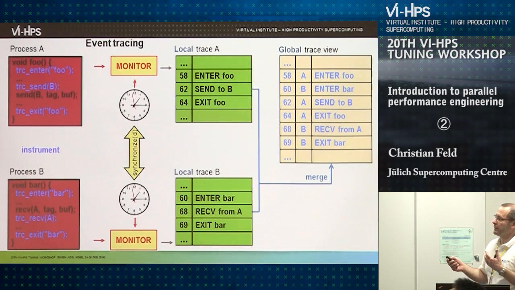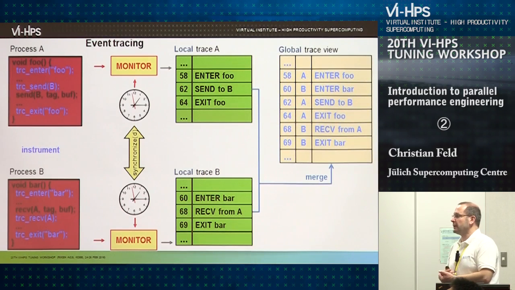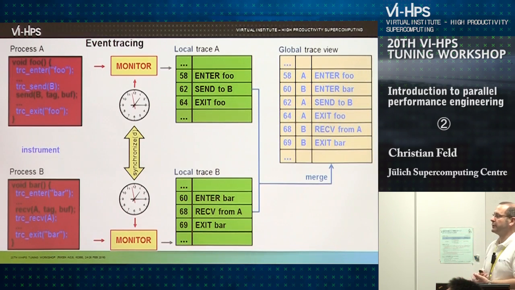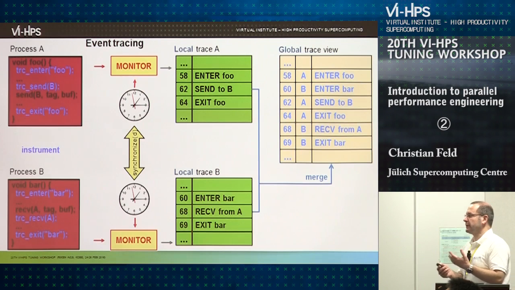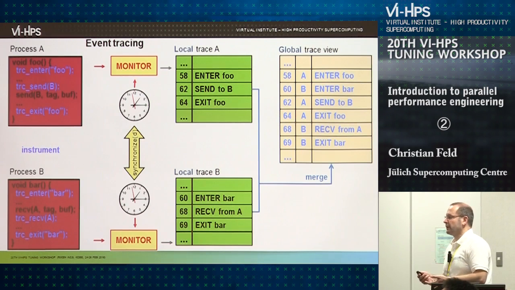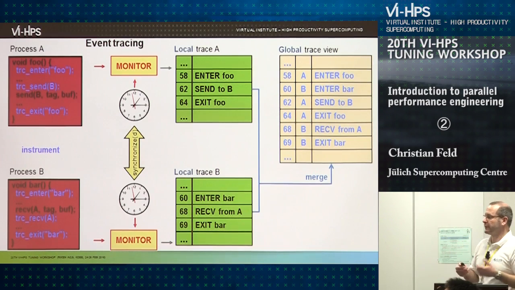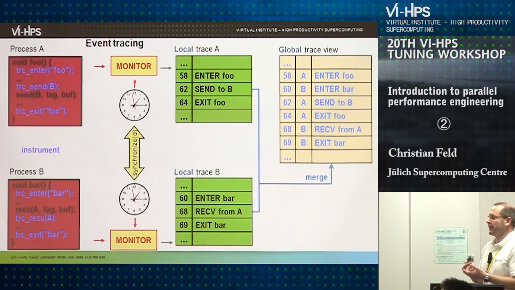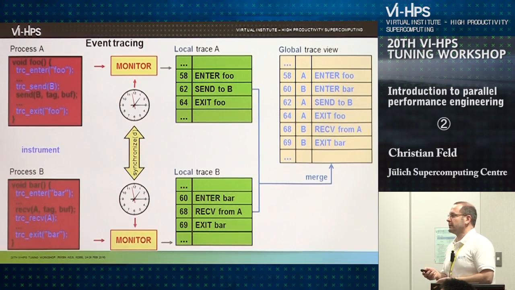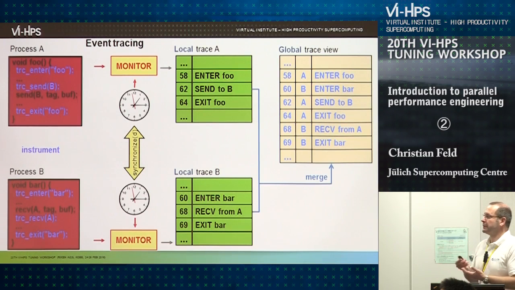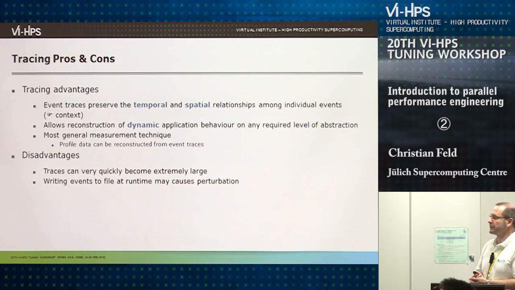So we can create a global view of this trace by merging the two traces together. This is a conceptual merge. Nowadays, you don't merge it on disk because traces can be very large, and this is usually done by your trace reader. But this is in the end what you get and what you can then work with.